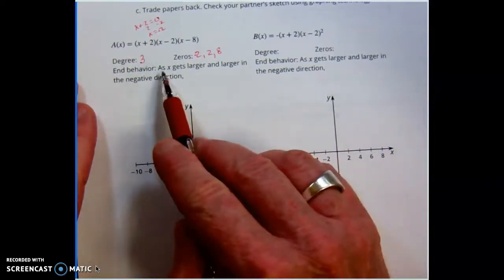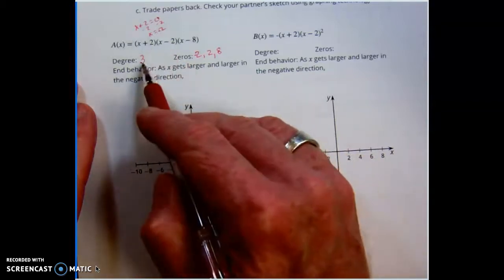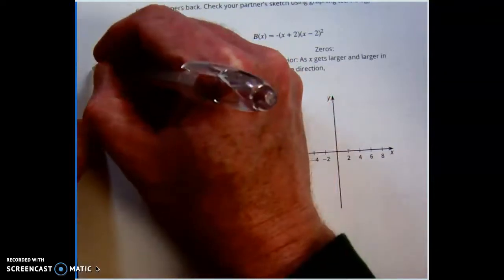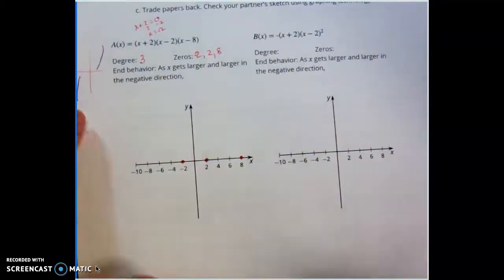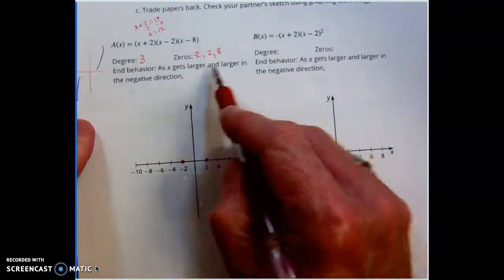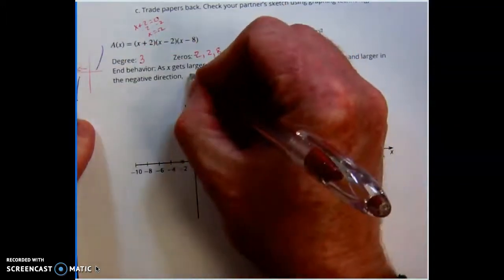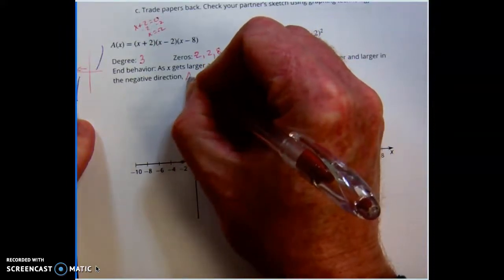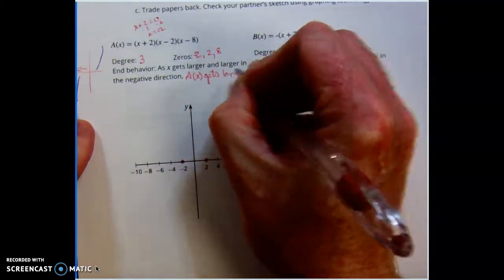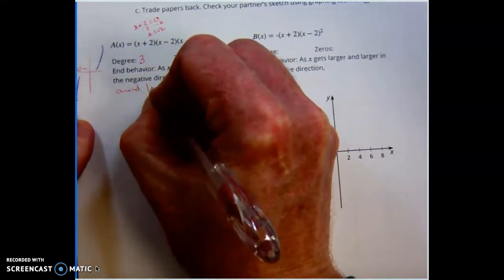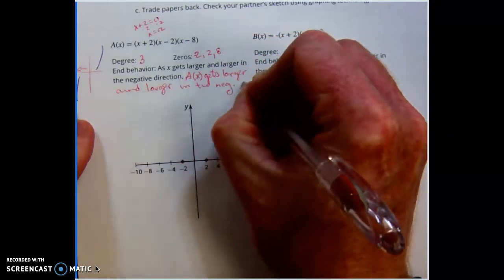Now it says, as x gets larger and larger in the negative direction. Now remember, this is third degree. So I know if I drew a little sketch here, this is going to go up on the right, down on the left. We don't know about the middle. So as x gets larger and larger in the negative direction, so they're saying this way, then a of x gets larger and larger in the negative direction.